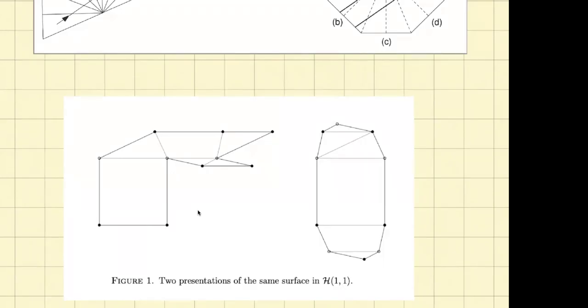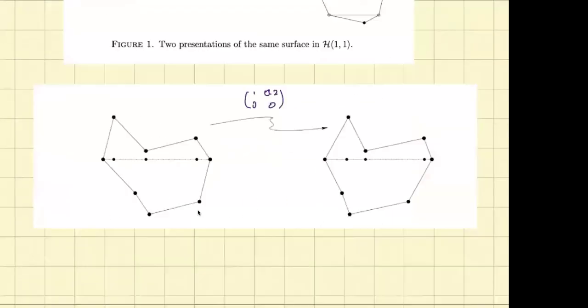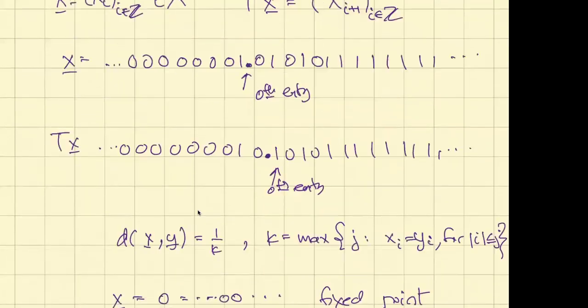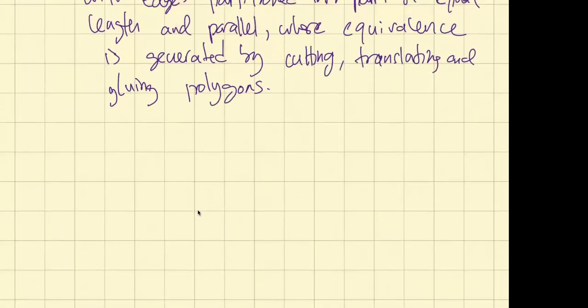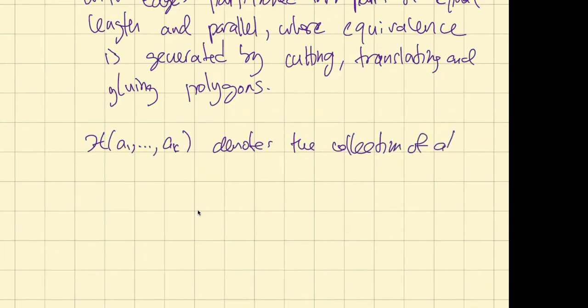Now there's a space of all possible translation surfaces of the same type. So let me write that down. Curly H, A1 through Ak, denotes the collection of all translation surfaces with k singular points.